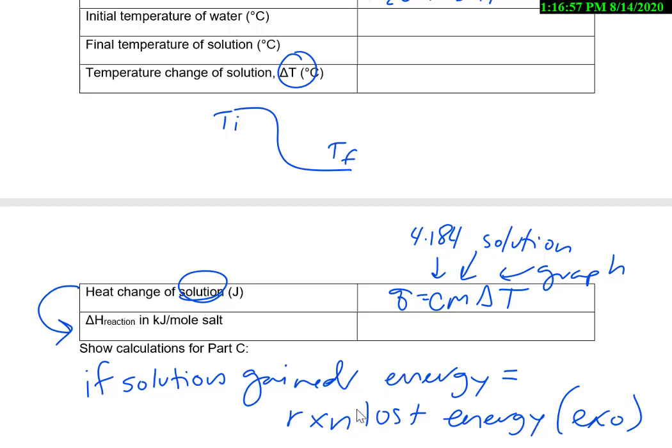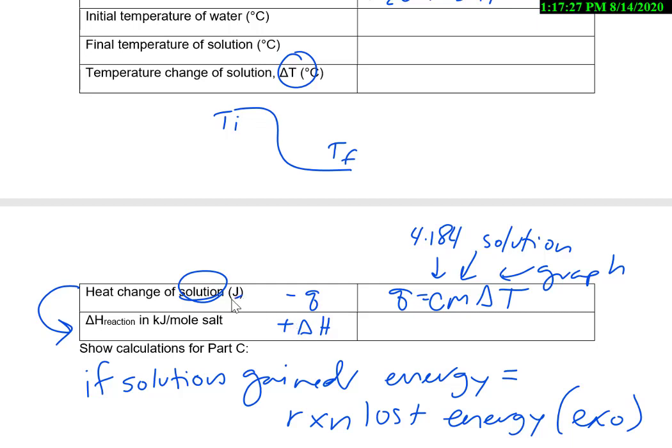So the reaction is doing the opposite of the solution. Because if the solution's gaining energy, that's because the reaction is producing it. So from your heat to your enthalpy, you need to switch the sign. So if you get a negative Q here, then you're going to get a positive delta H here. So make sure that your signs get switched.